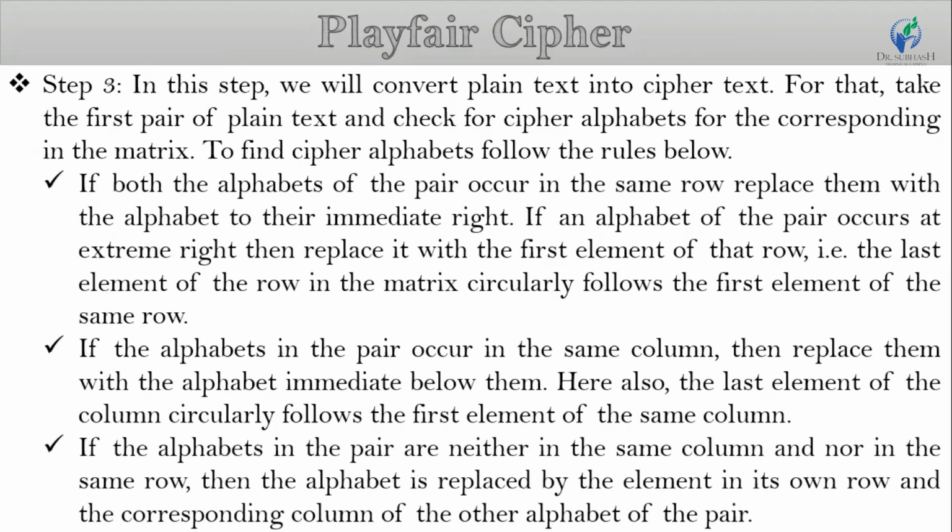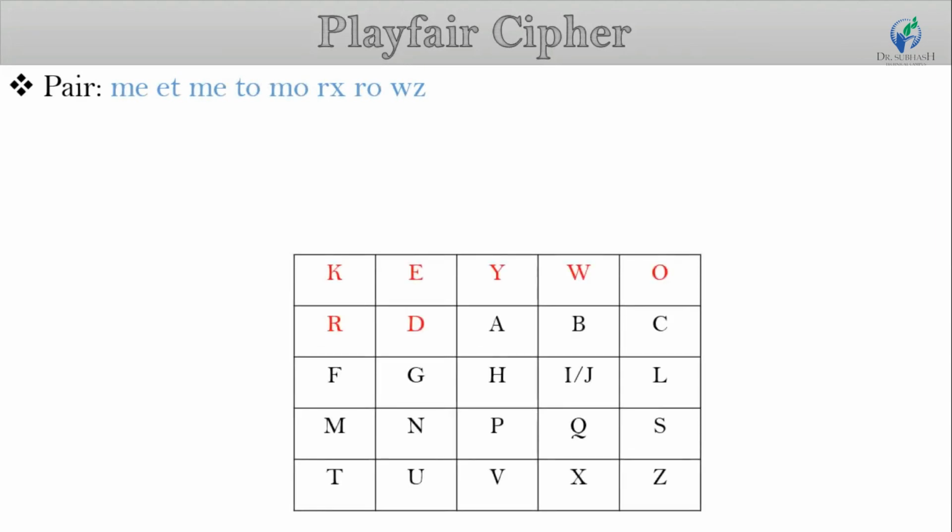Now we see the answer for our pairs. The pairs are ME, ET, ME, TO, MO, RX, RO and WZ. For that we have used this matrix to find out the ciphertext based on our rules.